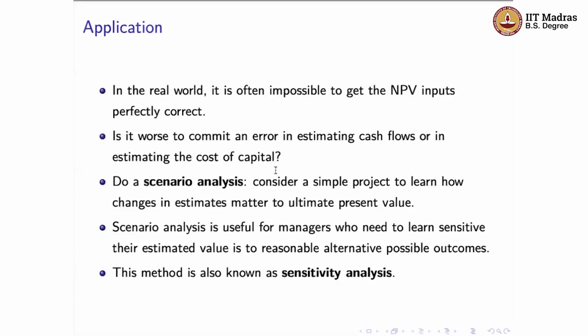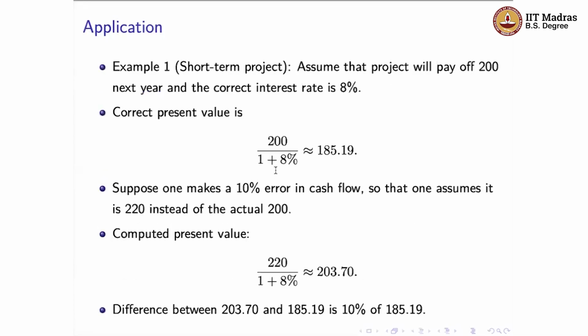Typically you want to make a decision which is robust to your estimates of some underlying parameters which you may not know for sure. So this method is also known as sensitivity analysis. Let's take a look at an example of how it works, first by looking at a short-term project and then a long-term project.